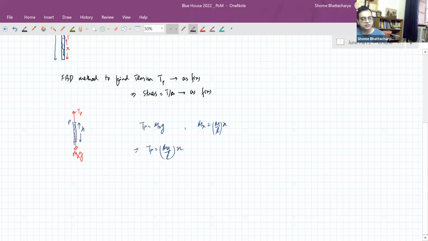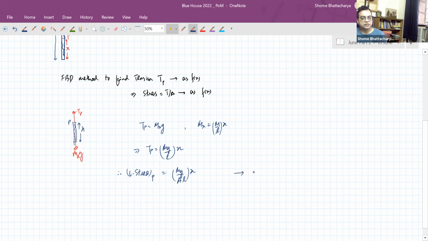Therefore, stress, longitudinal stress at the point P is this kind of a function. It's a linear function.